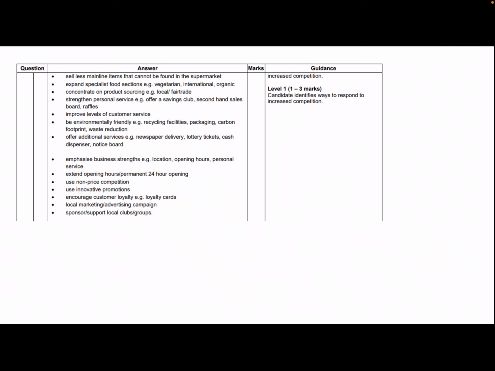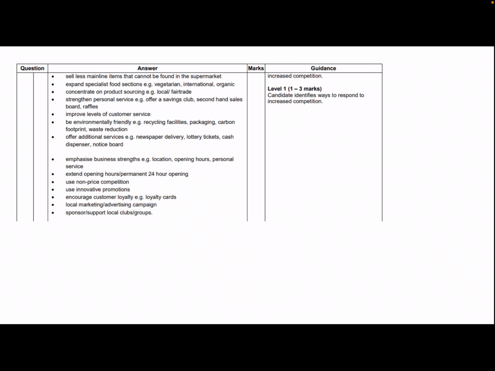As you can see, there are many things that hopefully would come to your mind. If this was done in class, we'd go around the class and you may bring up some of these things. Maybe start thinking of differentiation: are there other products that would make her quite a specialist type of shop, particularly around local produce, local ice creams, and any kind of farms that could bring a difference to her shop.